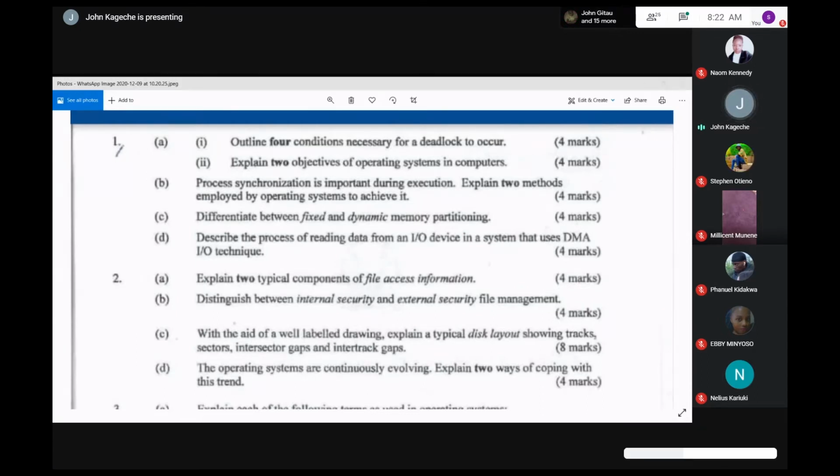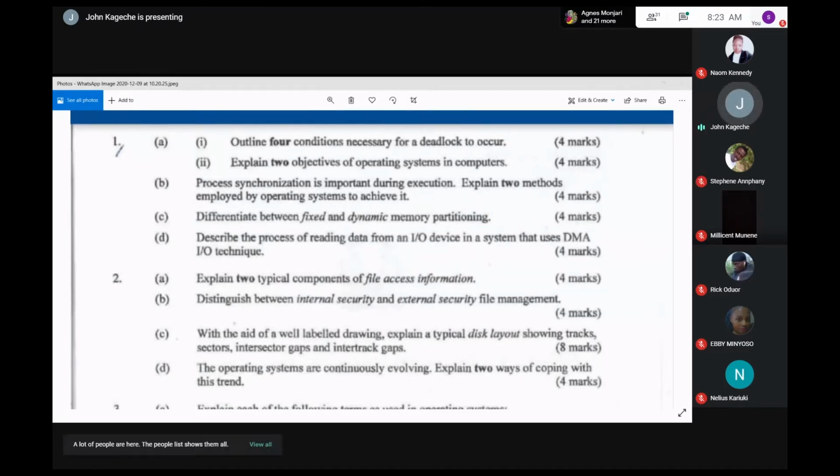What is the difference between fixed and dynamic memory partitioning? Fixed partition and dynamic partitioning, or static and dynamic? Anyone who is able to contribute the difference?